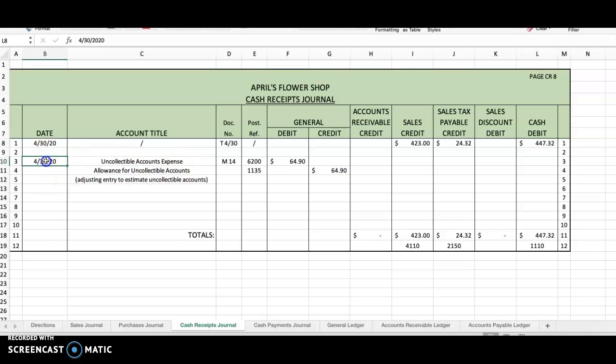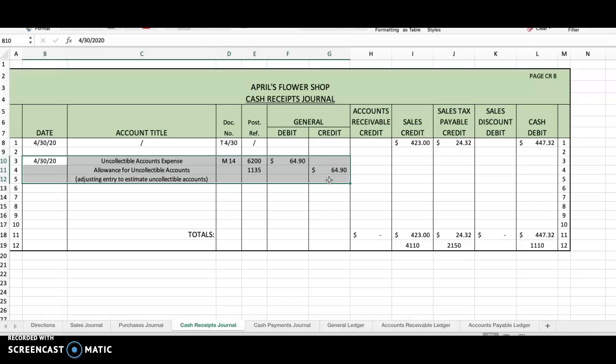The second entry is what you should have done in problem 36. We see a debit to uncollectible accounts expense of $64.90 and a credit to allowance for uncollectible accounts. These are the two accounts we use when we make that adjusting entry to estimate our uncollectible accounts.